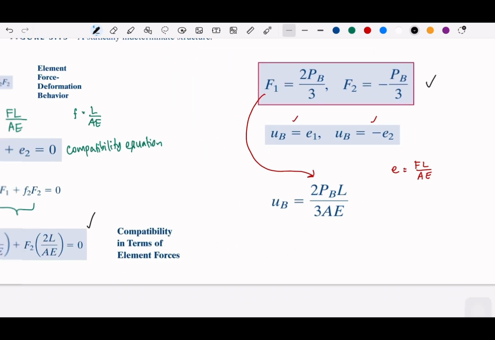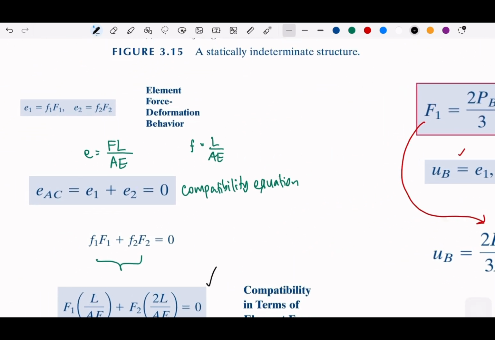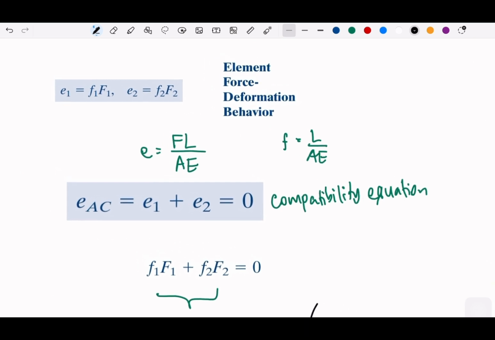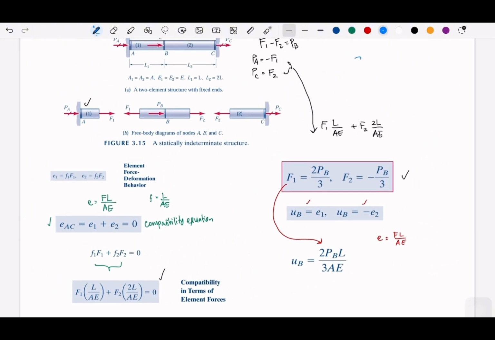The very important equation is that we need to define the total elongation. This we call the basic force method.